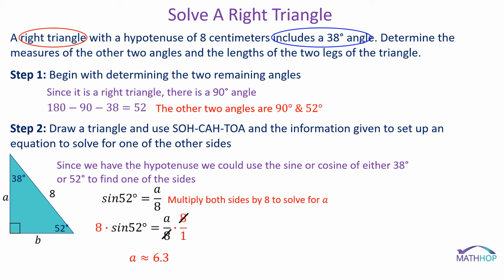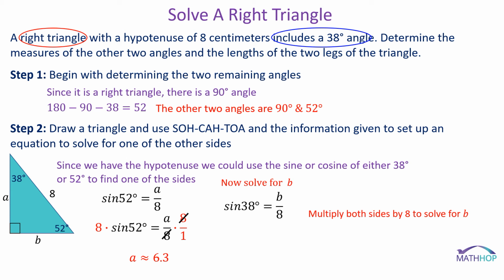We're going to do the exact same thing and solve for B. I'm going to again use sine. So if I want to use sine and solve for B, I'm going to say the sine of 38 because B is across from 38. The sine of 38 is opposite, which is B, over hypotenuse, which is 8. Set it up like an equation. Again, solving for B, multiply both sides by 8.